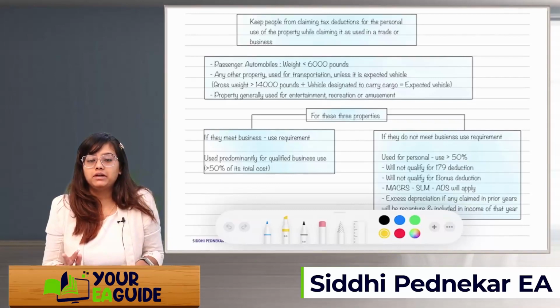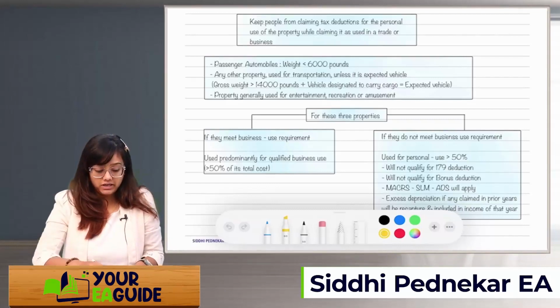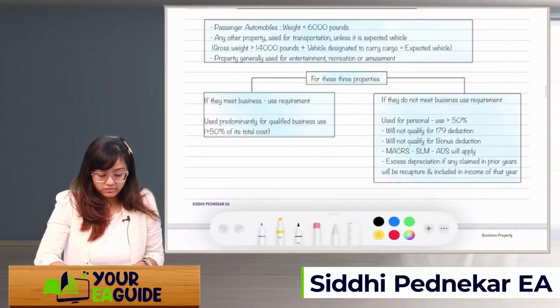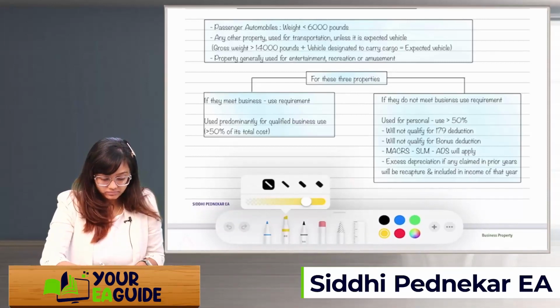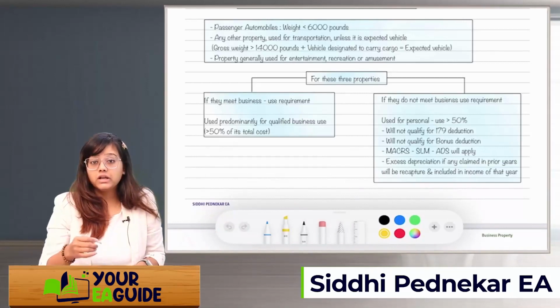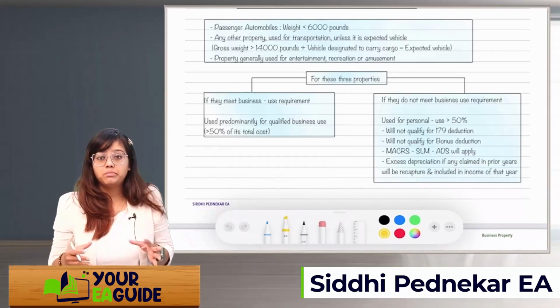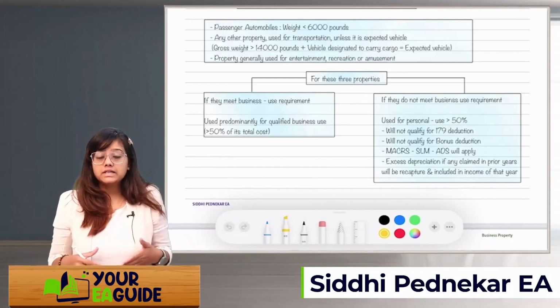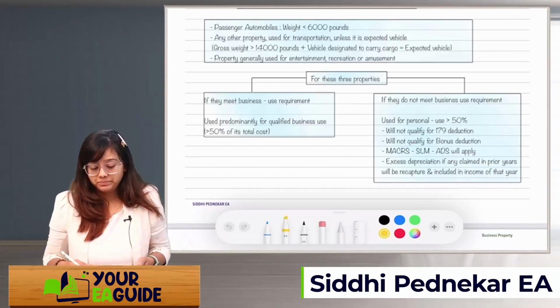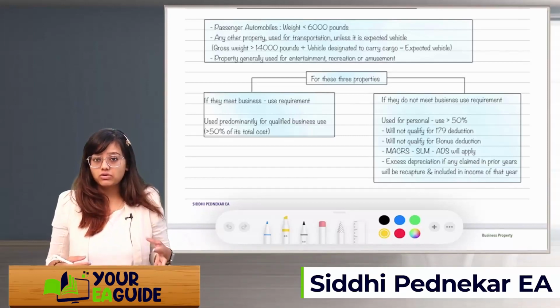What do you mean by excepted vehicle? If the gross weight of that vehicle is 14,000 pounds or more, plus the vehicle is designated to carry cargo, right? The trucks which are used to carry cargo.